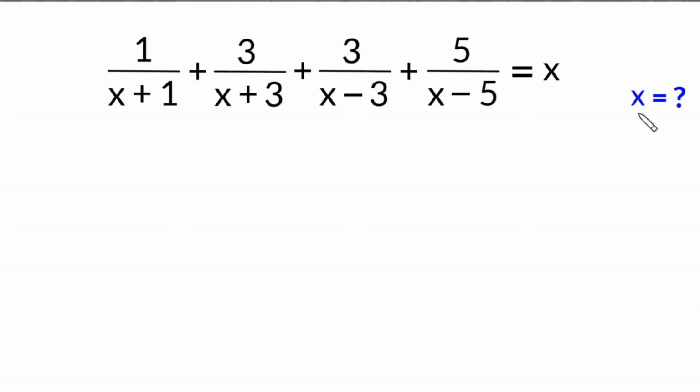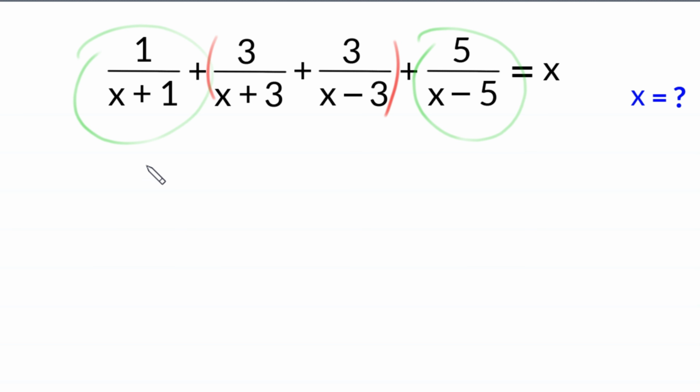So let's start. First we group these two terms, 3 over x plus 3 plus 3 over x minus 3, and we group these two terms, 1 over x plus 1 and 5 over x minus 5.